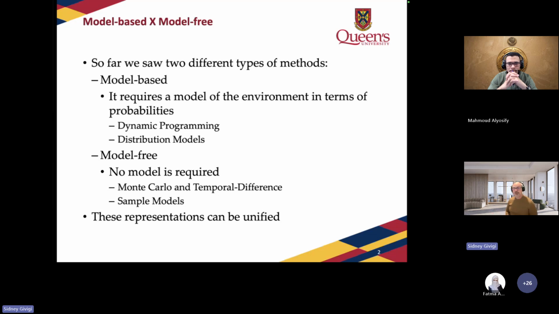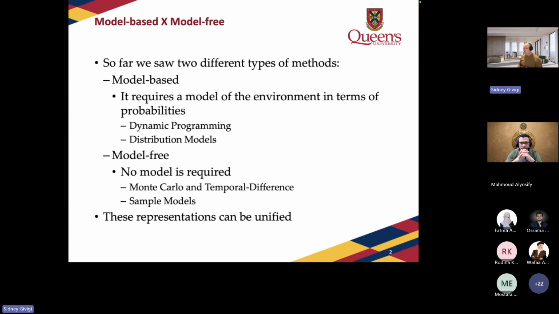So we never actually find a model of the environment. We don't need to find a way that the environment is going to behave for us to actually learn what to do. So this is all implicit. We learn the value function, but we don't learn what the dynamics of the environment are. That's one thing that is different in reinforcement learning.